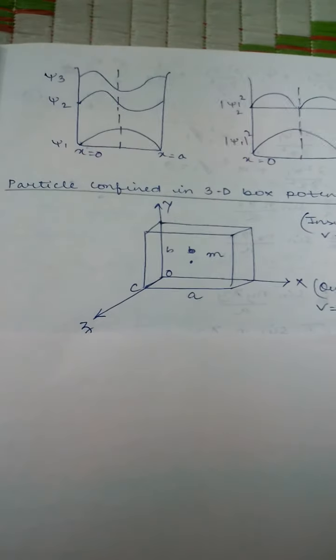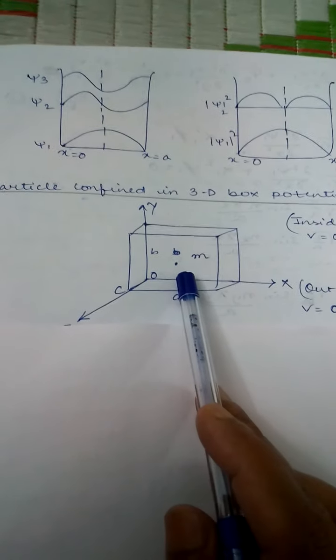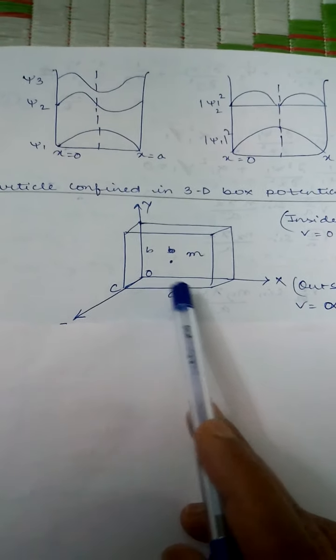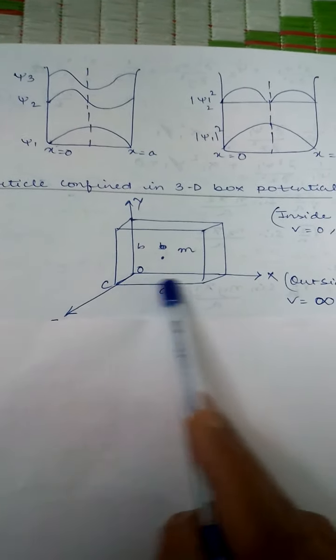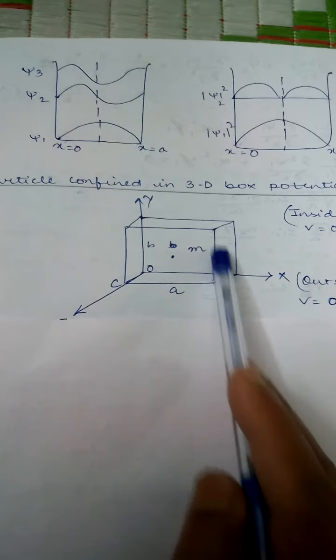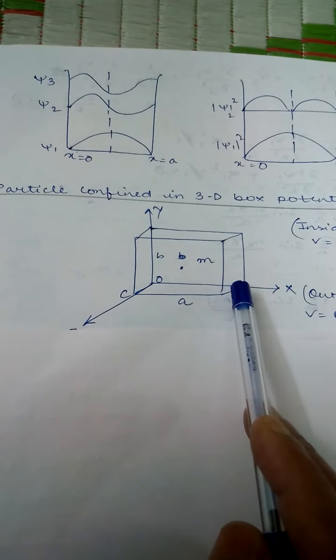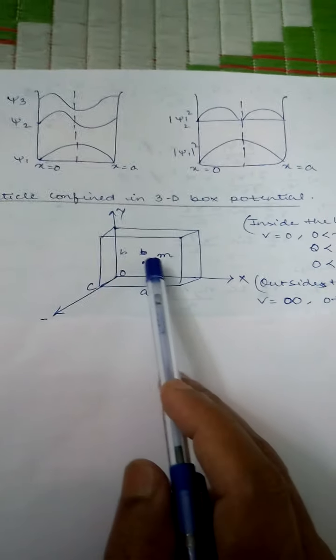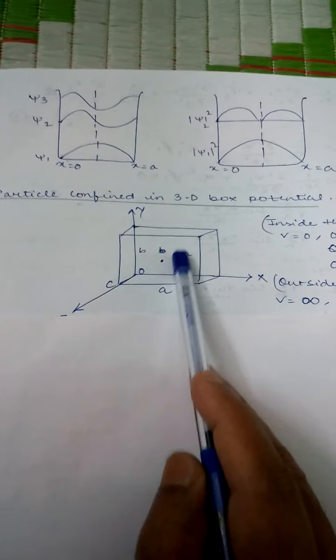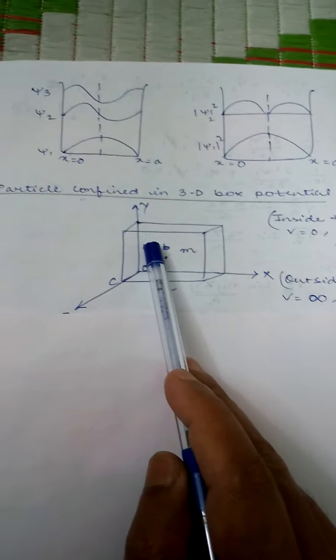the three-dimensional box potential problem. That is, a particle of mass m is confined in a three-dimensional box having sides A, B and C. This is A, this is B, this is C. The box is rectangular in shape. The particle is confined in this box.